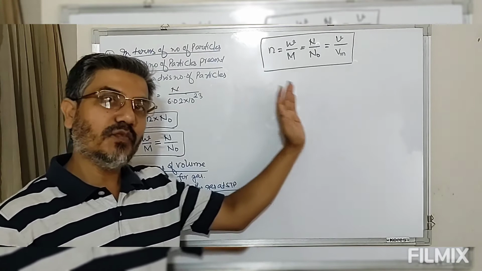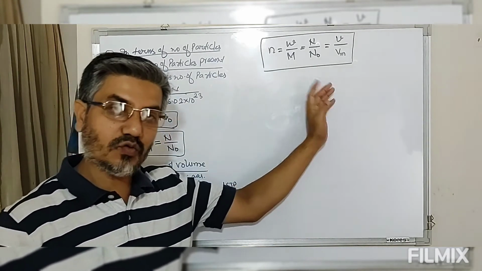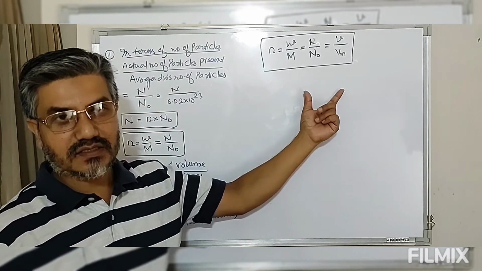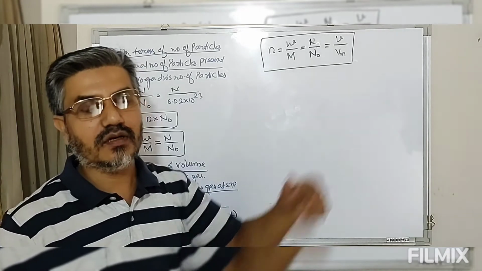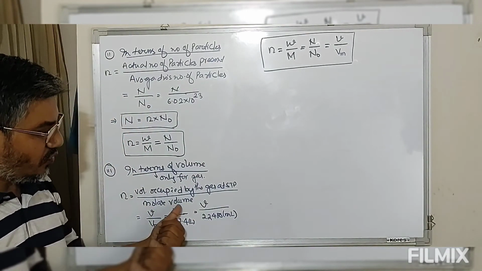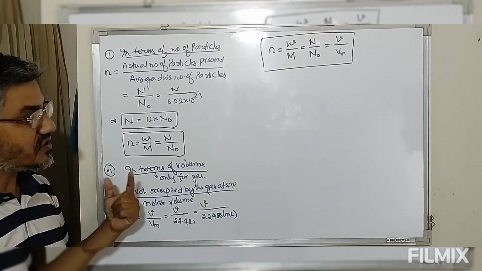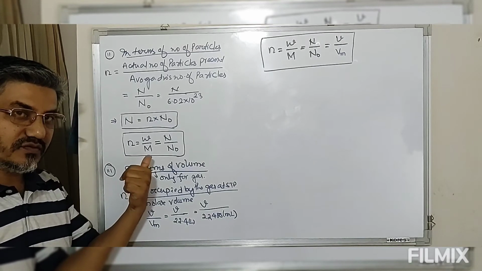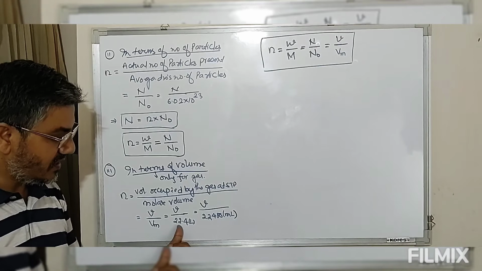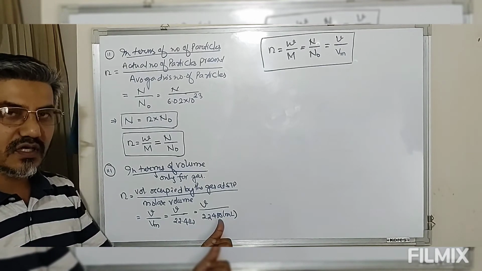Mass of 1 gram molecule was defined as gram molecular mass. So 1 gram mole means 1 mole. So 1 mole mass is known as molar mass. So volume occupied by 1 mole of ideal gas, that is molar volume. So 1 mole means 6.02 into 10 to the power 23 atoms of a particular gas will always occupy 22.4 liter or 22400 ml.